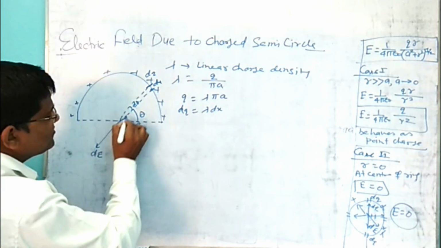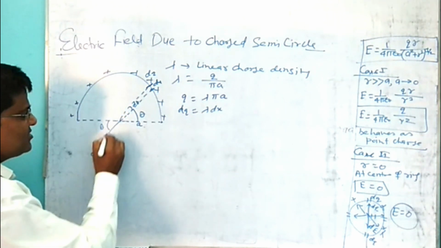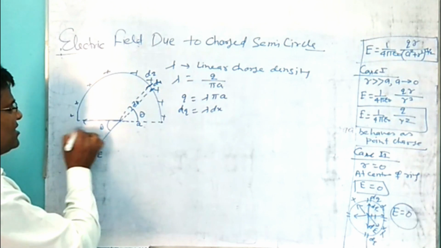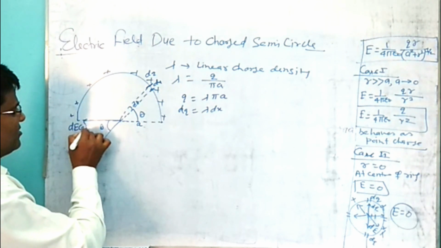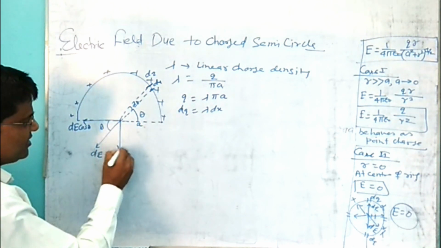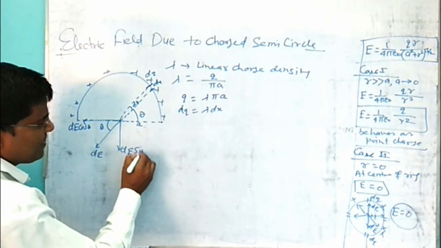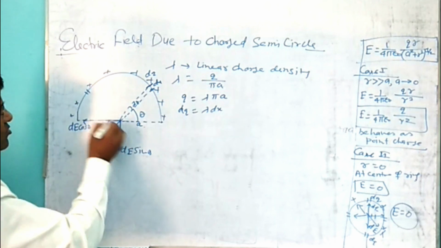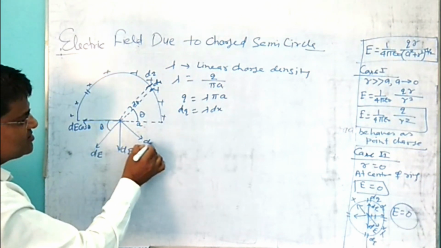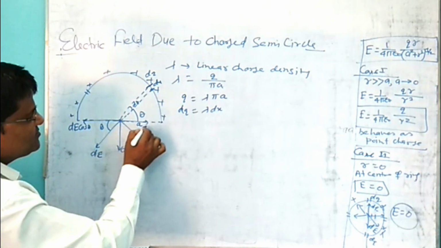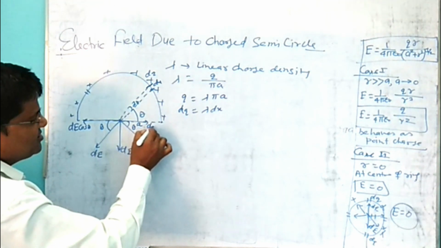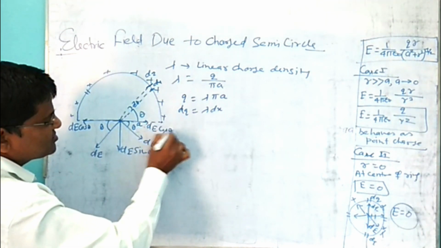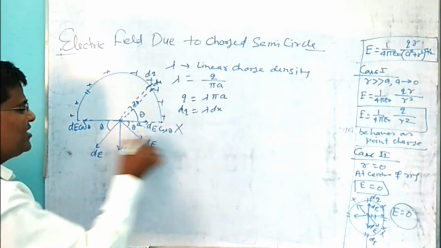If this one is theta, then this one is also theta, and this is dE cos theta, and here is dE sin theta. Similarly, for another section put here, again one is dE, and it becomes dE cos theta and dE sin theta.